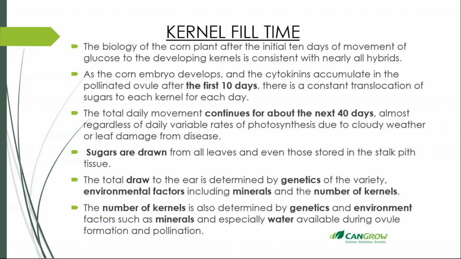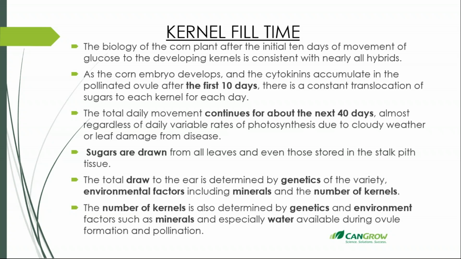That first 10 days is more or less genetically driven, okay? But the total daily movement continues for about 40 more days, almost regardless of the daily variable rate of photosynthesis due to cloudy weather, leaf damage, or disease. So it continues for 40 days.